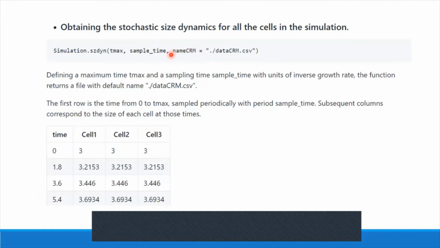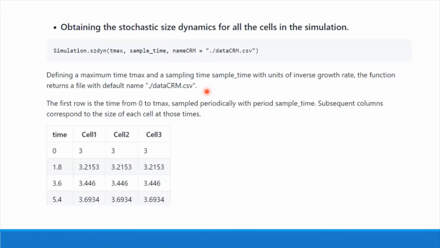And finally, you provide the name of the file you're going to save your data. In this case, I use the name CRM that comes from a continuous rate model. That is basically the main theoretical tool that we use to simulate these trajectories in PyEcoLib.